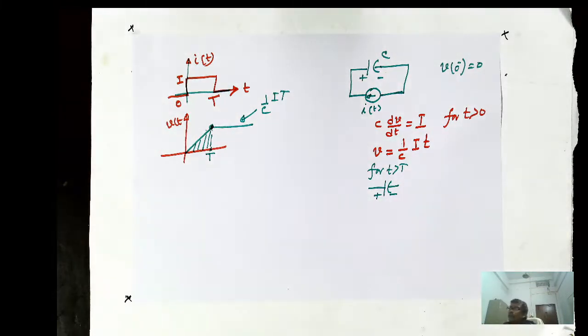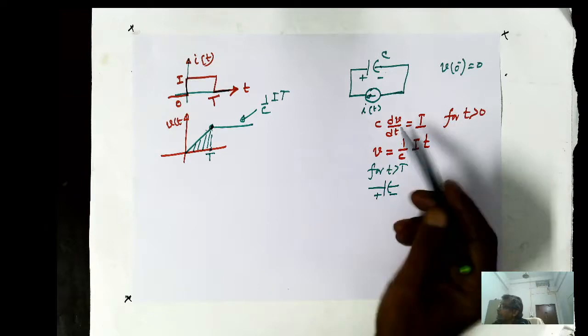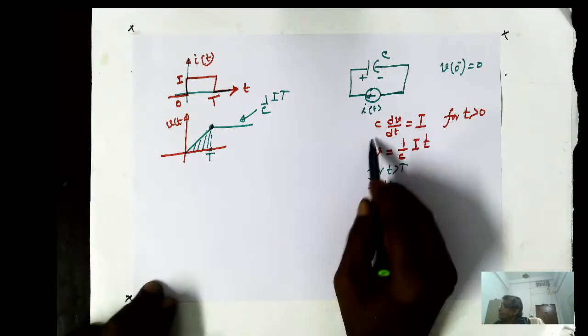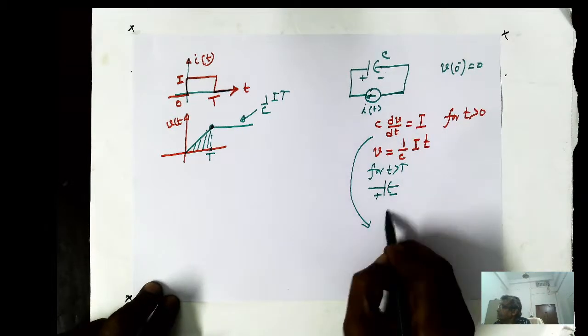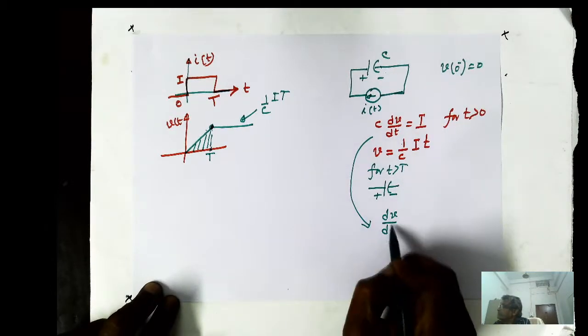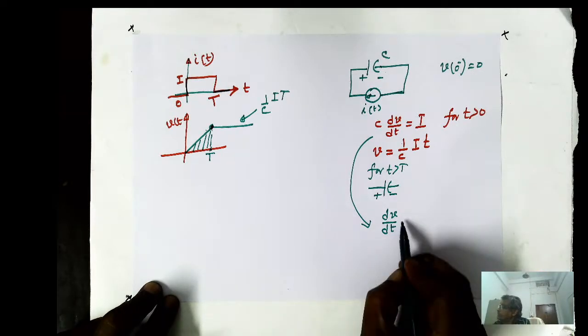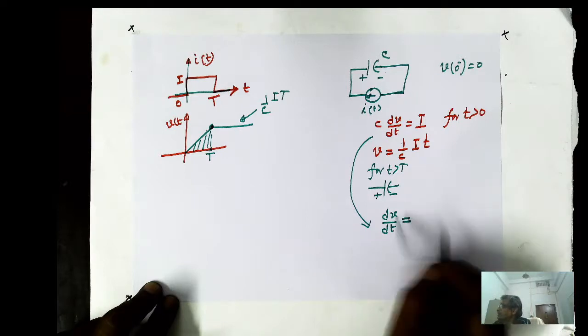So similarly, if you apply a negative pulse, after that it will once again fall. You recall that the current at any time t is C dV/dt. From this expression, in general, C dV/dt is equal to i(t).